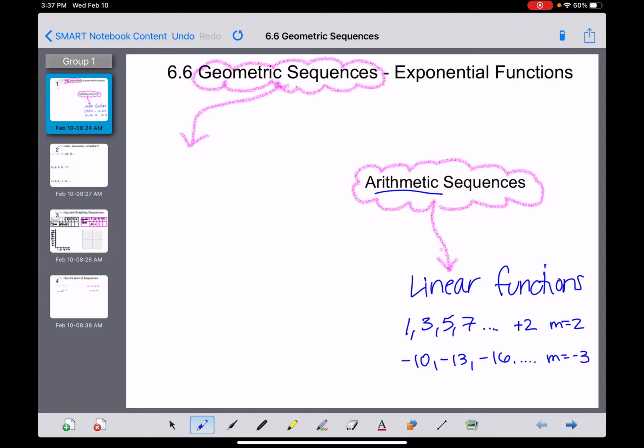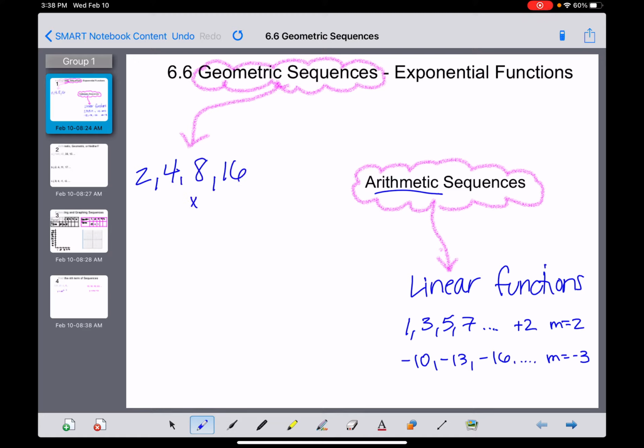Geometric sequences is at the end of the exponential unit because it is a multiplier or a divider. So when we look at the values, just like we did when we were graphing exponents, the values are going to either multiply to get to the next term or you can divide. So something like 2, 4, 8, 16.